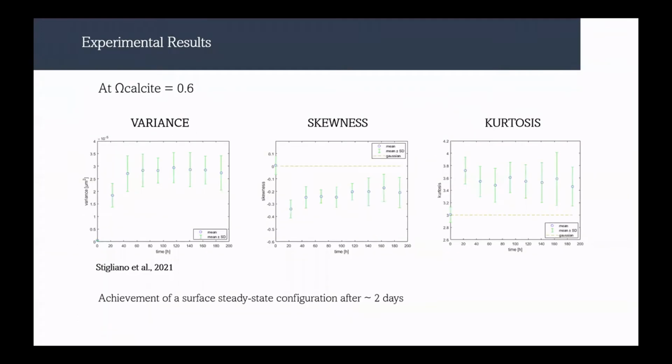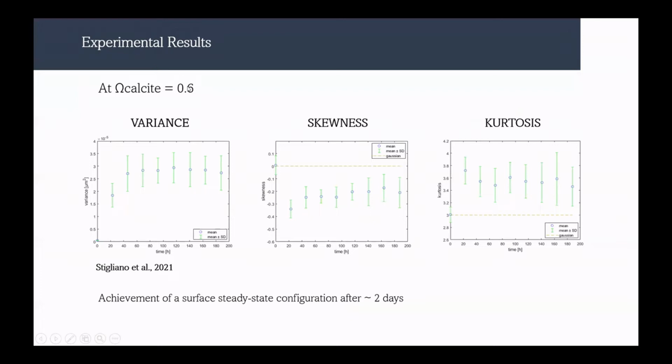And so we notice that the different statistical parameters reach a plateau that corresponds to the steady state configuration that we noticed on the surface. And so here the idea is that these specific plateau values could be related to the specific saturation state at which we were working.